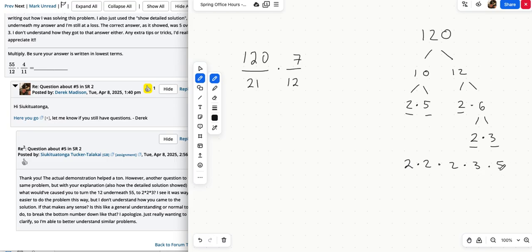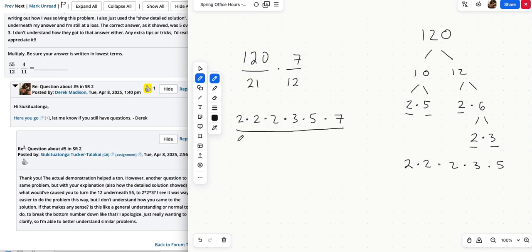So this is the smallest I can break 120 down to. So this is what they would have shown in the written example. And I'll go ahead and do it this way, and then I'll try to convince you to do it the little bit easier way that I'll show you in just a second. So there's the 120 all broken out into its prime factors. That's going to have a 7 up there, so I'll write that in.